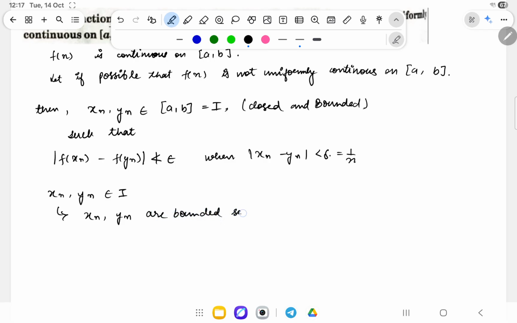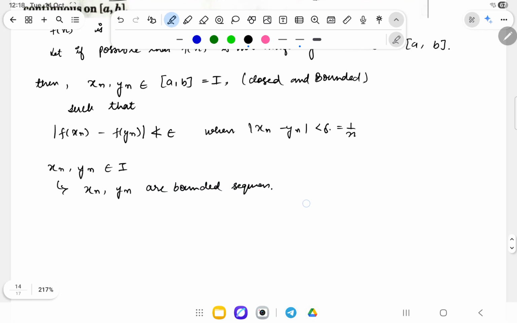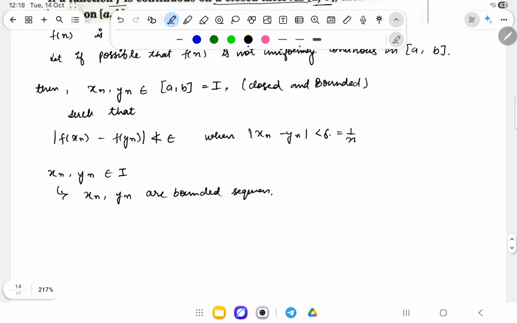So if we use here the Bolzano-Weierstrass theorem, by Bolzano-Weierstrass theorem, every bounded sequence must have a convergent subsequence.